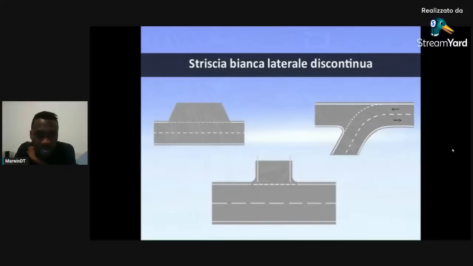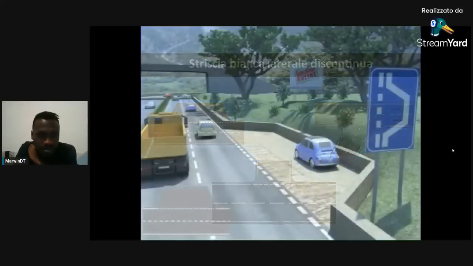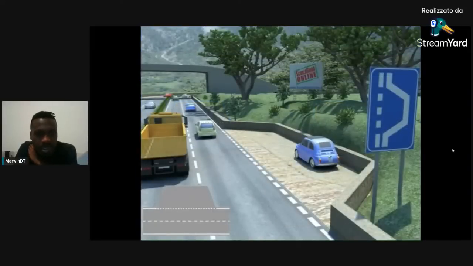Now, striscia bianca laterale discontinua. Let's see what the striscia laterale discontinua is used for in reality. Let's jump on it right now. Striscia bianca discontinua laterale can be used to separate the piazzola di sosta.